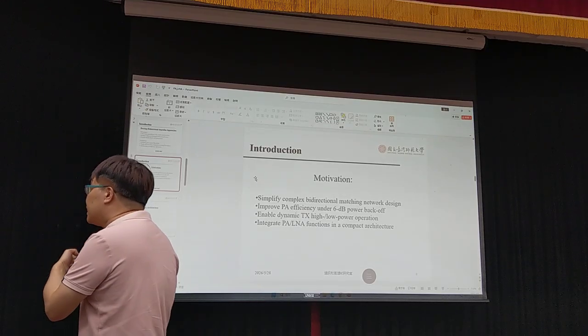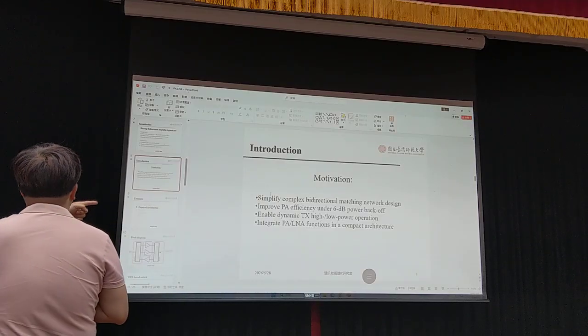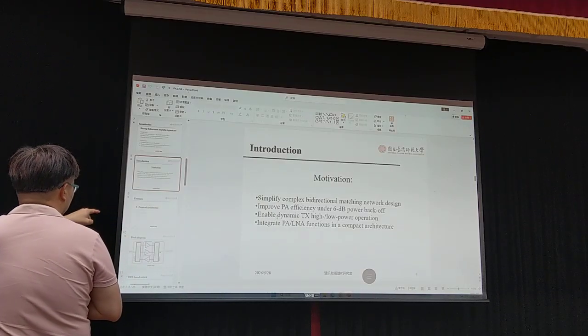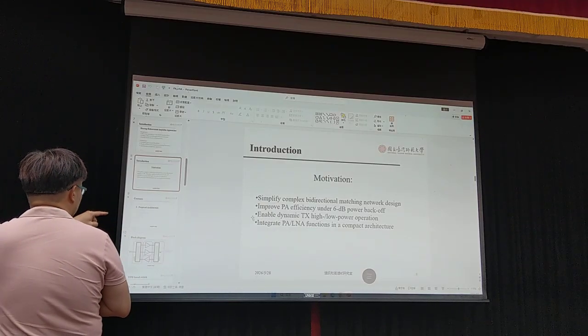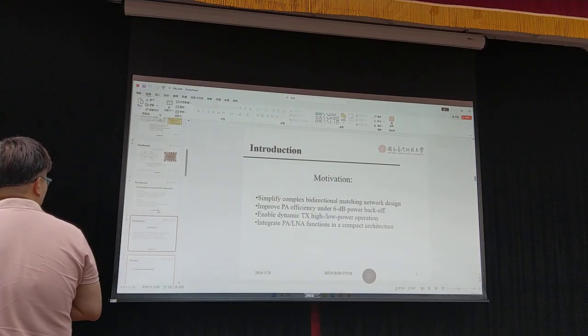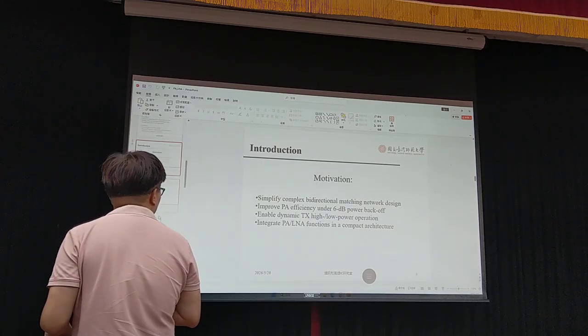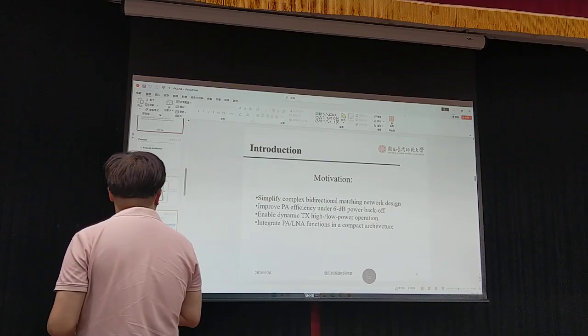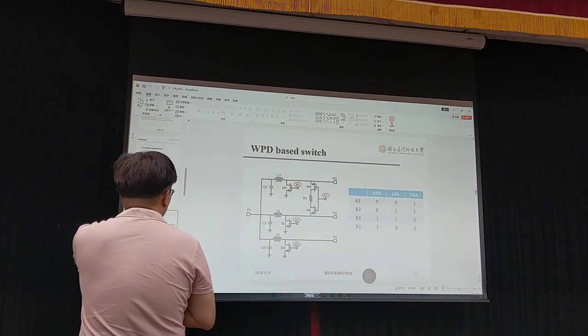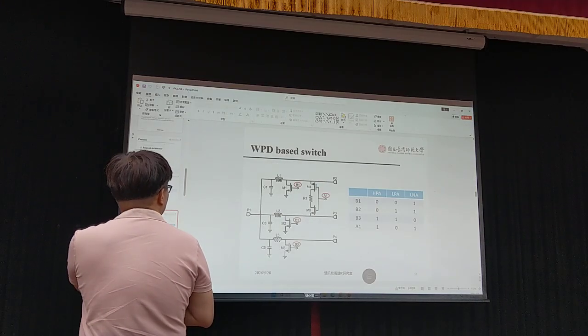Yes. Okay. So would you please navigate to the page to show the mechanism to achieve the dynamic high and low power operation? So should this one, right?